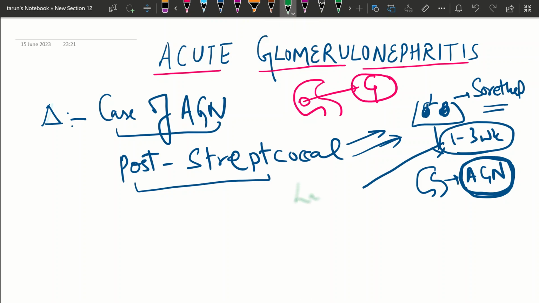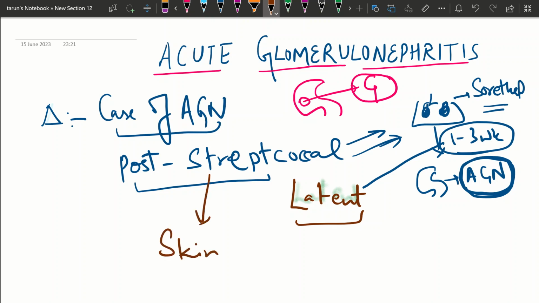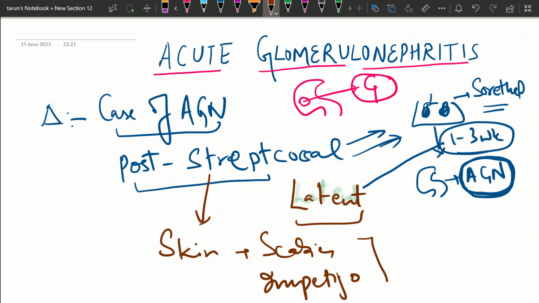So the latent period is 1 to 3 weeks if it is involving the pharynx, but the infection by this bacteria can also involve the skin, and in the skin it can cause scabies, impetigo, and furunculosis.